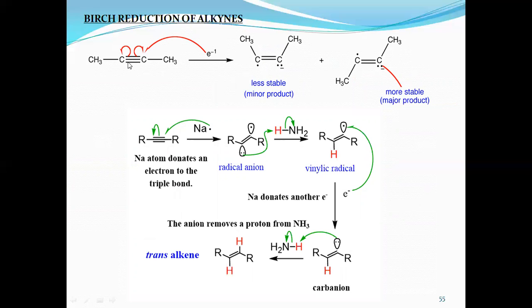There is a possibility to form both kinds of alkenes, cis and trans, but cis alkenes are less stable compared to the trans alkene. Since the trans alkene is more stable, this is the major product. So as a product, we will get the trans-alkene after the reduction.